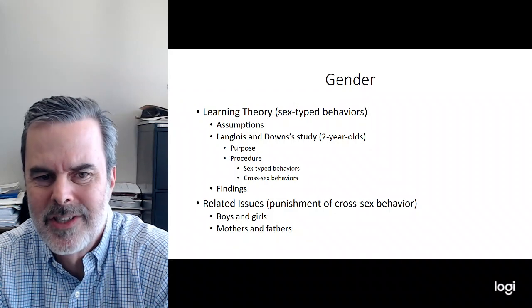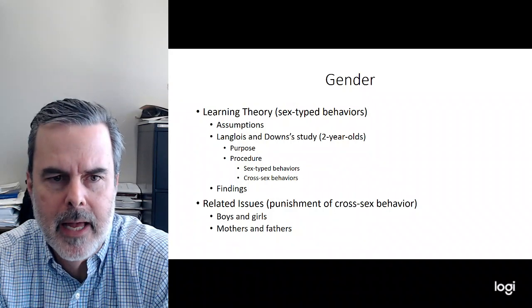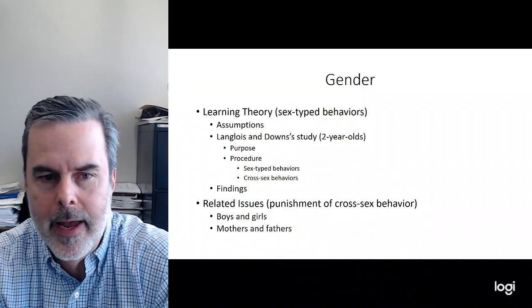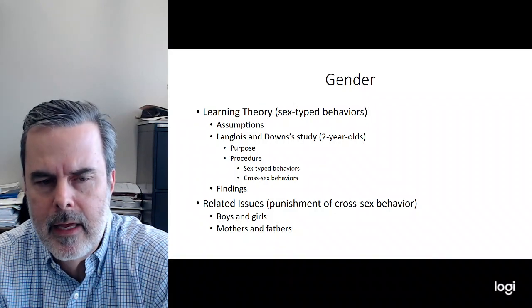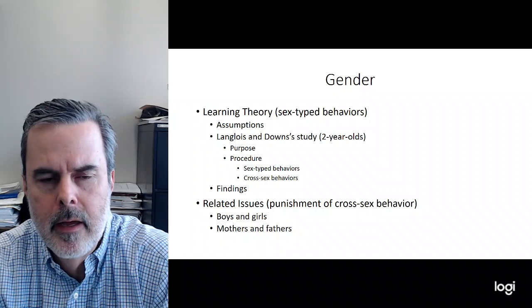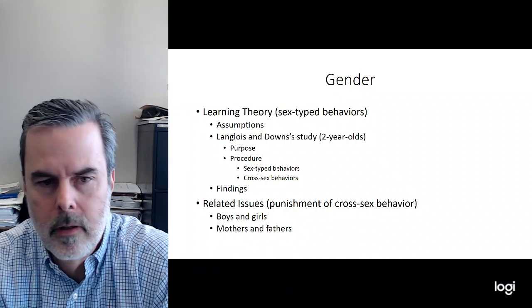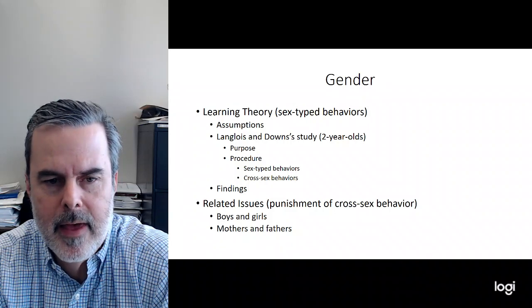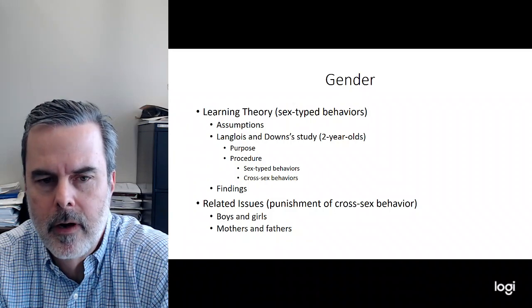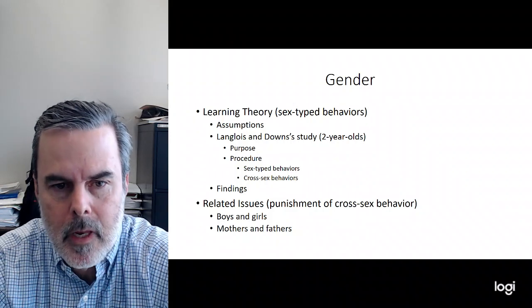So a cross-sex behavior might include a boy behaving in a way that would be more appropriate for a girl, or conversely a girl behaving in a way that would be more appropriate for a boy. Okay.